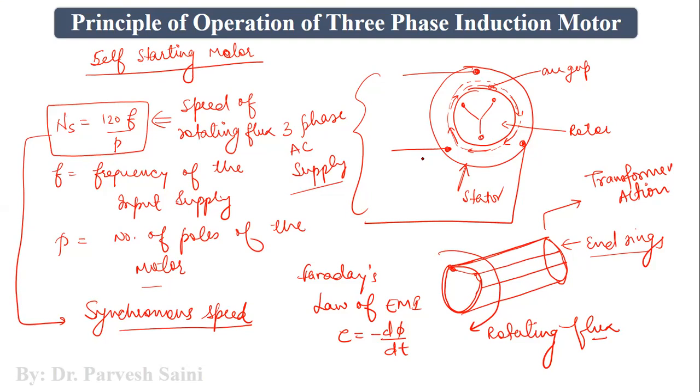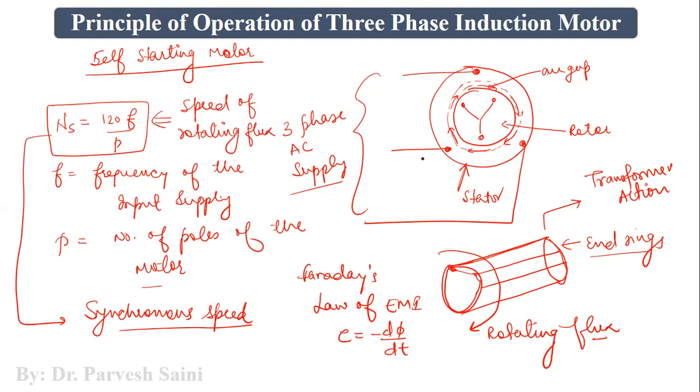So when we give supply to the motor's primary winding, that is the stator, it generates a rotating flux. This rotating flux cuts the conductors placed on the rotor. Now as per Faraday's law of electromagnetic induction, these conductors will have an EMF induced over them, given by E is equal to minus d phi by dt. Right. So the same thing happens in the transformer also.